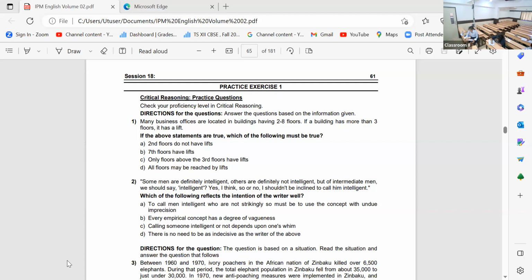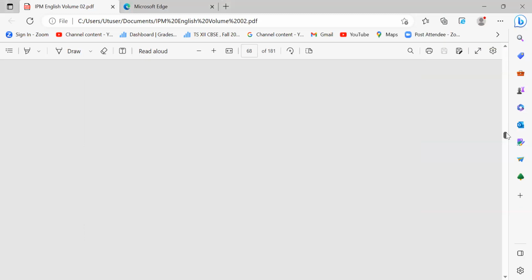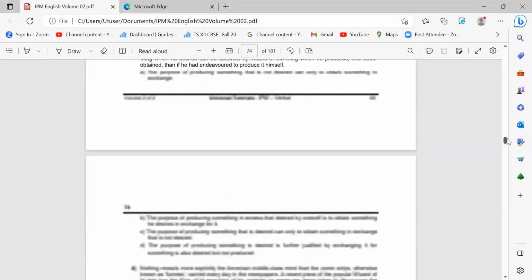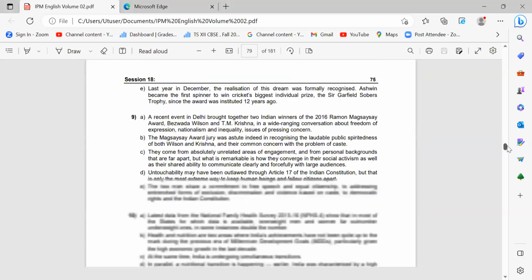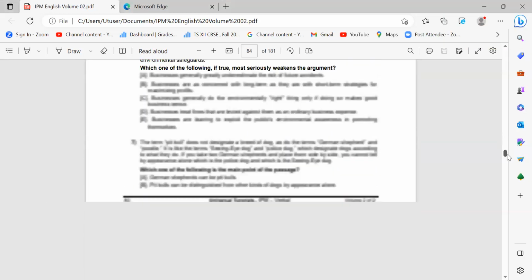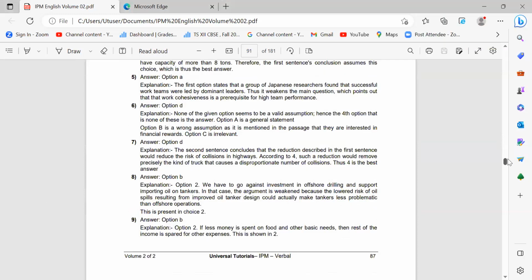And the third one is based on a situation, and you have to read out the situation. Sneha, can you read out the situation, please, quickly? Between 1960 and 1970, ivory poachers in the African nation of Zimbabwe killed over 6,500 elephants. During that period, the total elephant population in Zimbabwe fell from about 35,000 to just under 30,000.